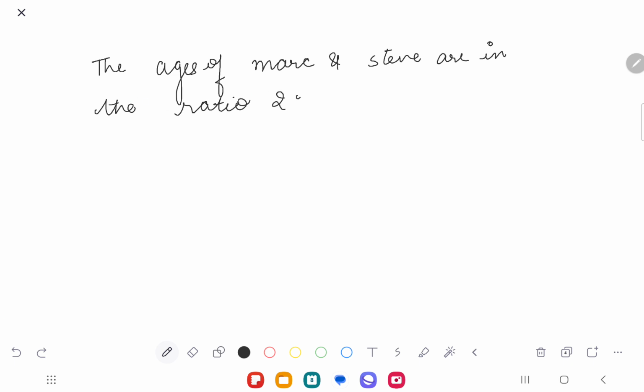the ages of Mark and Steve are in the ratio 2 is to 7.